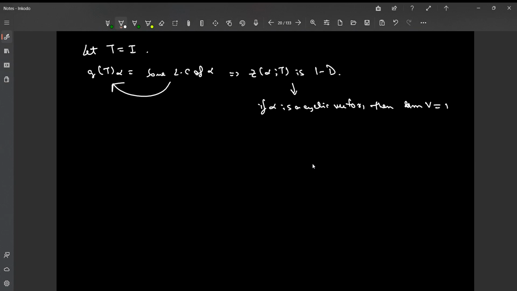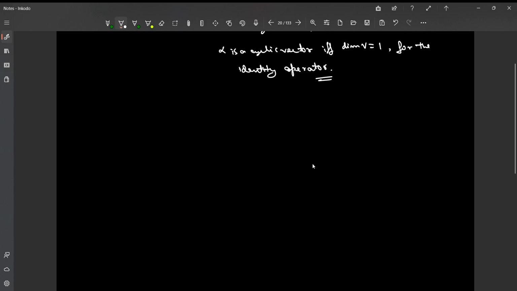Thus, we can say that alpha is a cyclic vector if and only if the dimension of V is equal to 1 for the identity operator. Clear? Let us understand one more example.